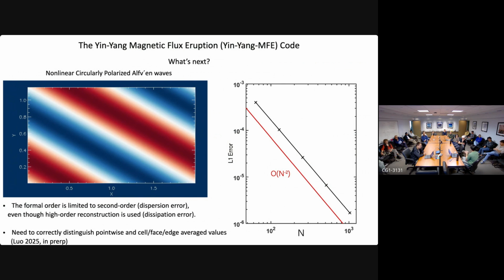But mainly because the reconstruction is one dimensional and the code is multi-dimensional, we lose the information in the transverse direction, and it causes dispersion error and restricts the code to second order.